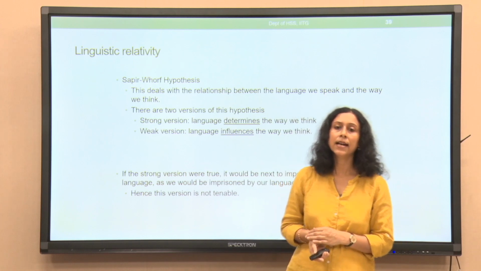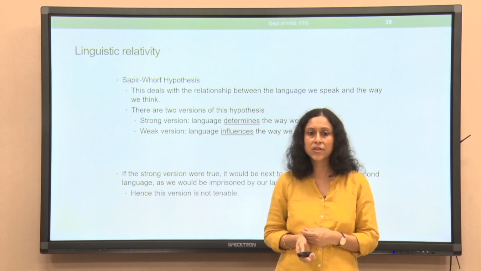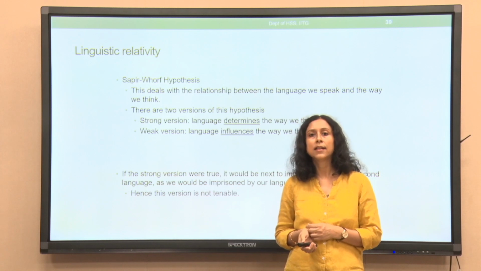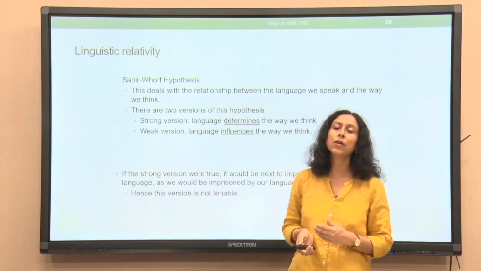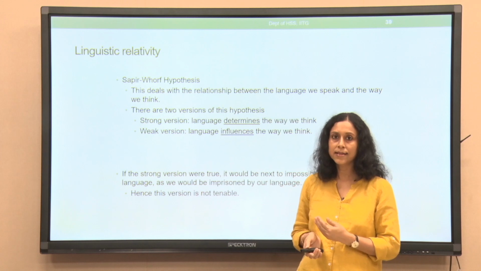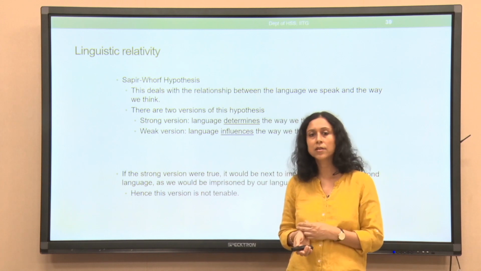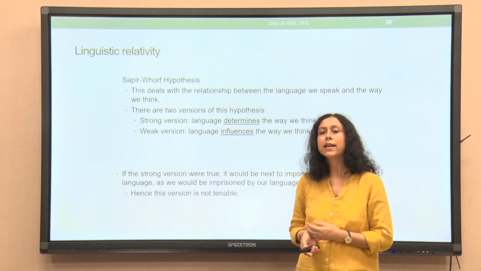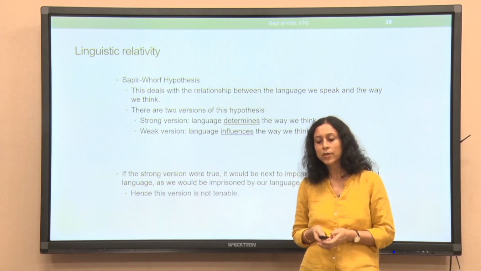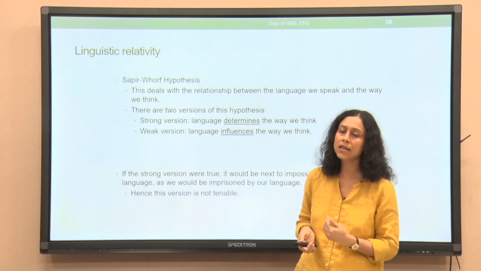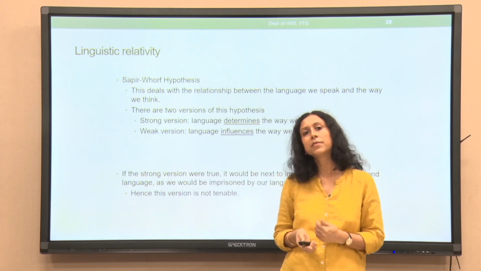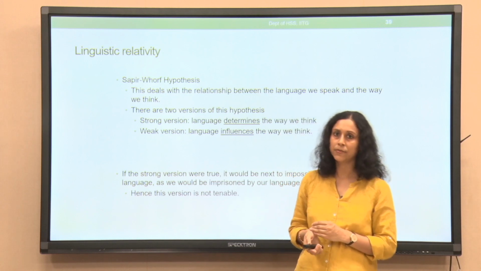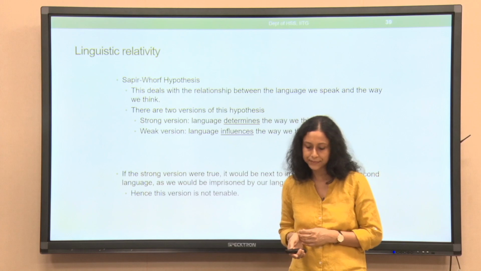It says that the language we speak, the semantic structure of the language, has a strong impact on the way we slice up the universe, in the sense that the way we look at the universe, the way we understand and cognize the world around us, is dependent on the language. It is in this context that the Dani's color cognition is looked at from the perspective of the color terms that they have.